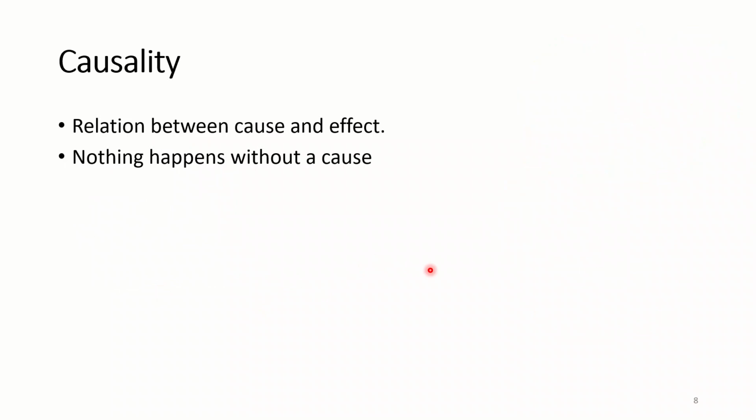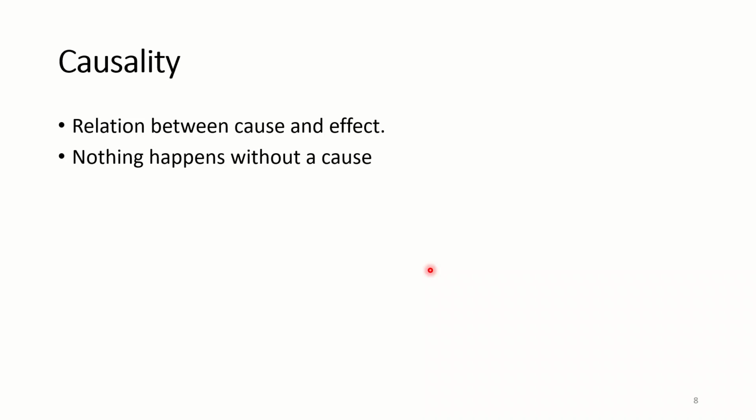And the last idea that we discussed is causality. It is a concept that is really hard to understand, but essentially it discusses the relation between the cause and the effect, how they are related.